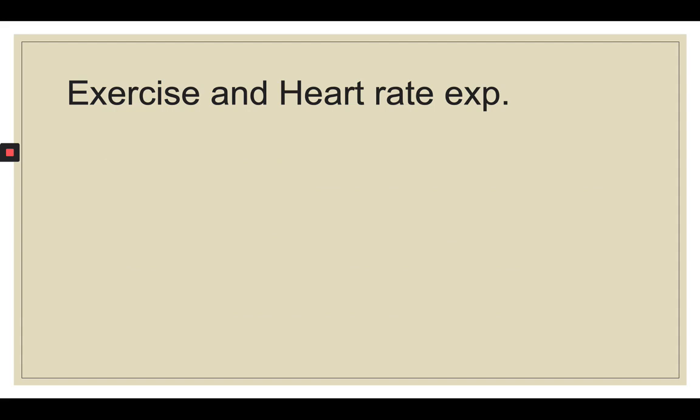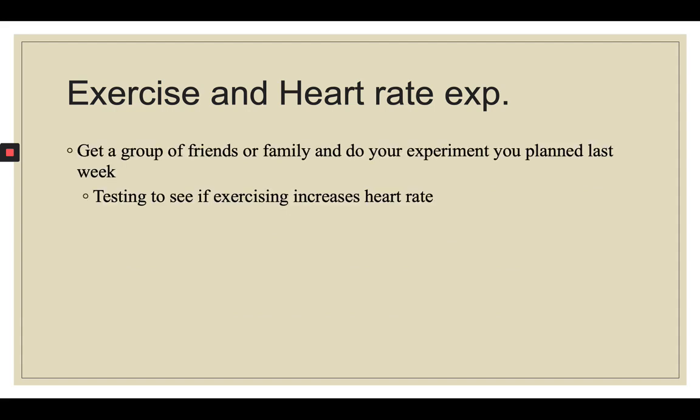So talking more about your exercise and heart rate experiment. This was the experiment we planned a few weeks ago where we were going to exercise and measure heart rate, very similar to the one where we did exercise and measuring body temperature, but doing heart rate instead, basically testing to see if exercising increases your heart rate. So grab a group of friends or family that you know, in safe proximity or social distancing, and do your experiment that you planned.